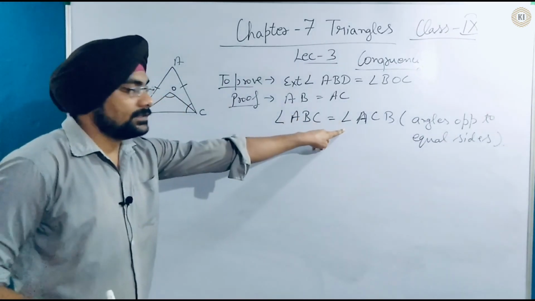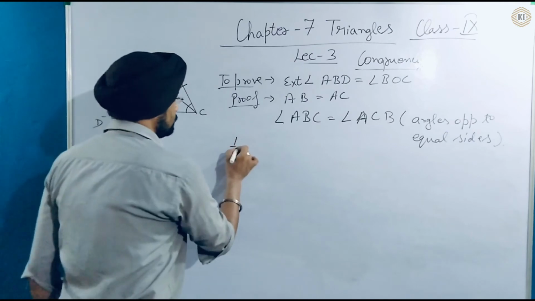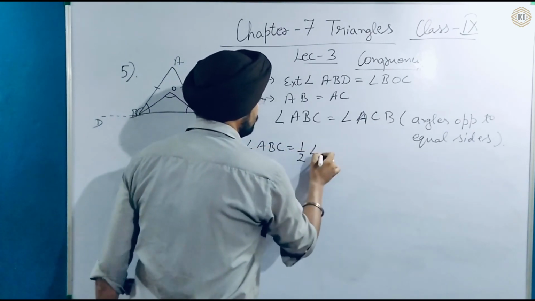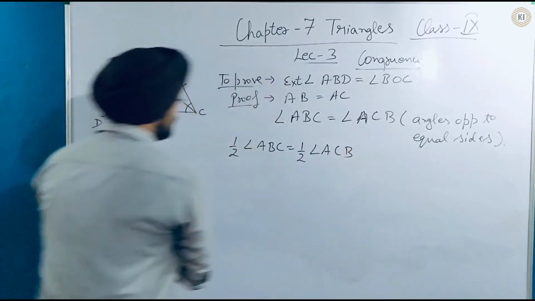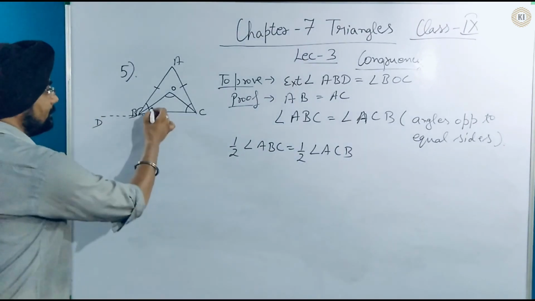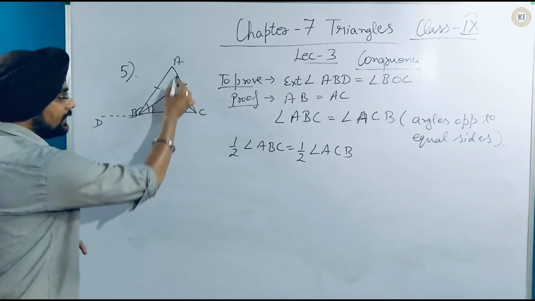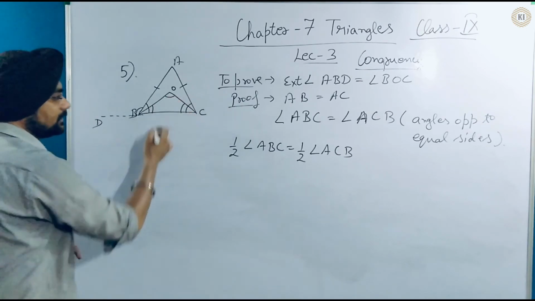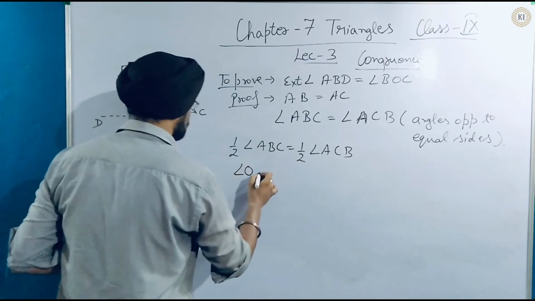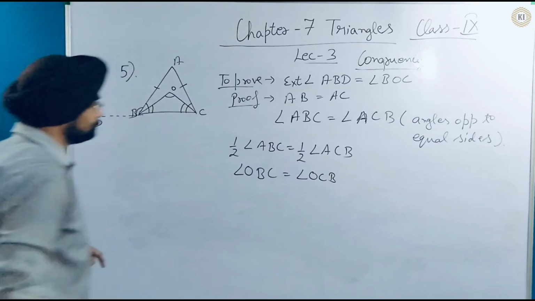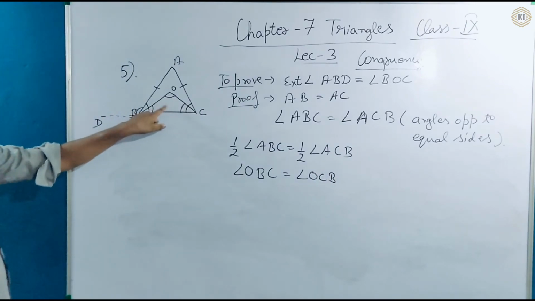If we divide both sides by 2, so 1 by 2 angle ABC is equal to 1 by 2 angle ACB. So half of angle ABC will be angle OBC because it is a bisector, and half of angle ACB will be angle OCB. So angle OBC is equal to angle OCB. So these two angles are equal.